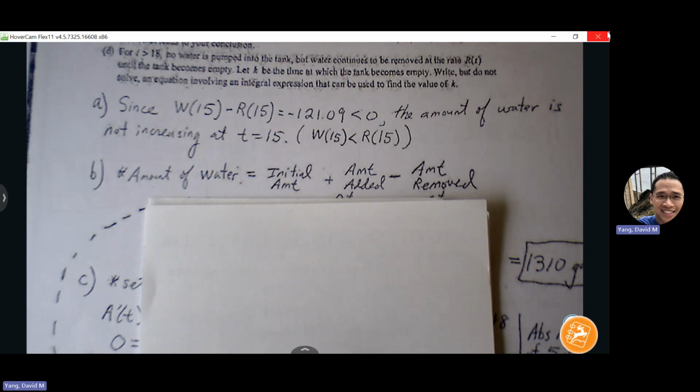This can also apply in the context of people entering and exiting an amusement park. The number of people in the park is how many there were to begin with, plus how many have entered, minus the number that have left the park. So it can apply in all those situations.